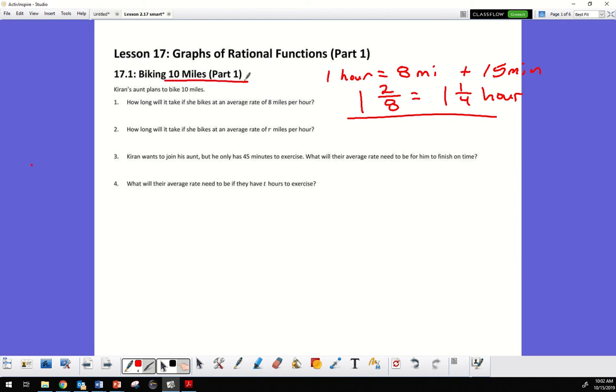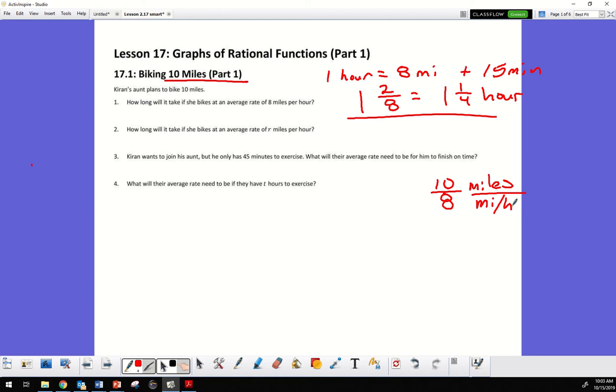So I would write it as 10 over 8. It works out like this because it's 10 miles over miles per hour, miles divided by hours. So that's another way of doing it.